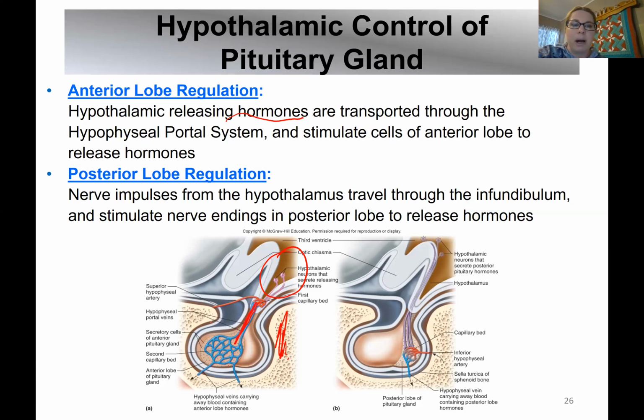That's called the hypophyseal portal system. Okay, so hormones like GnRH, gonadotrophin releasing hormone, is going to go from the hypothalamus through these blood vessels here, down into the anterior pituitary.